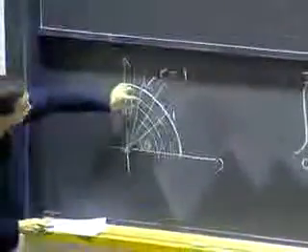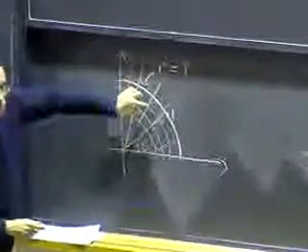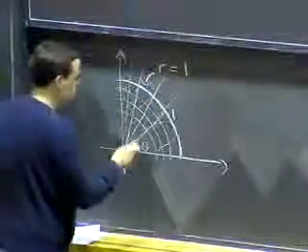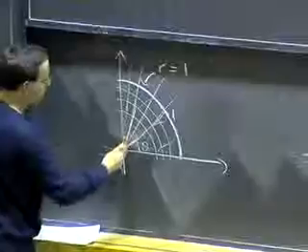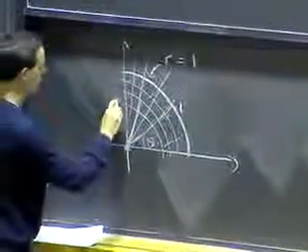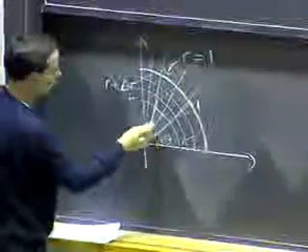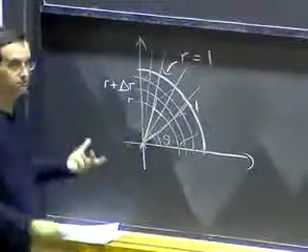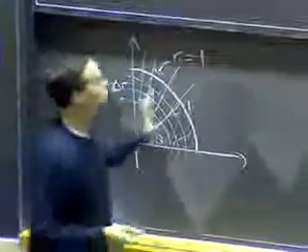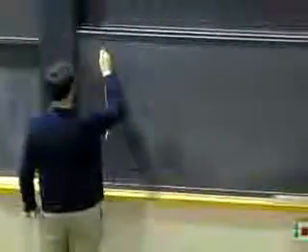Here it would be a little piece of circle between a given radius r and r plus delta r, and between an angle theta and theta plus delta theta. Okay, so I need to draw a bigger picture of it, because it's really hard to read.